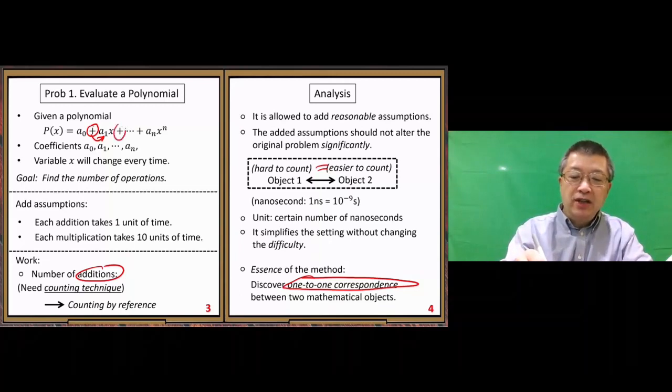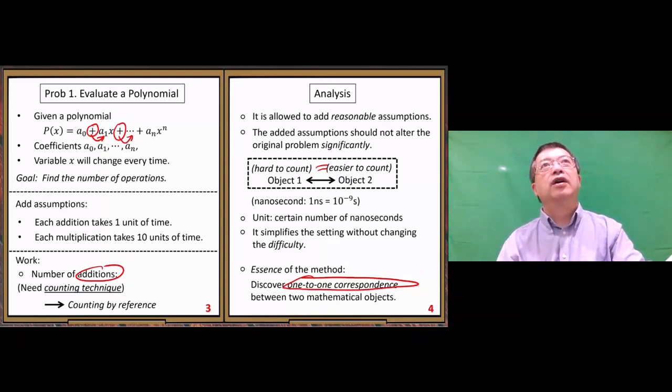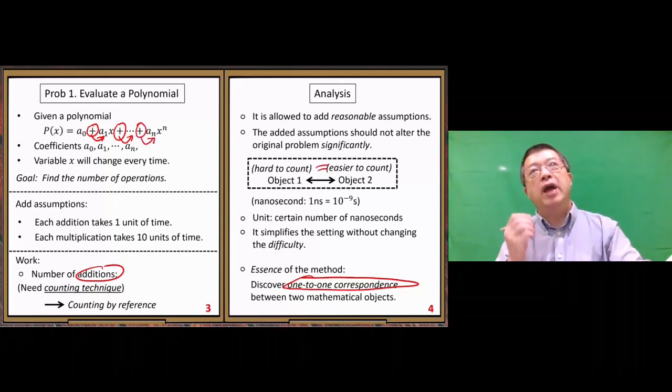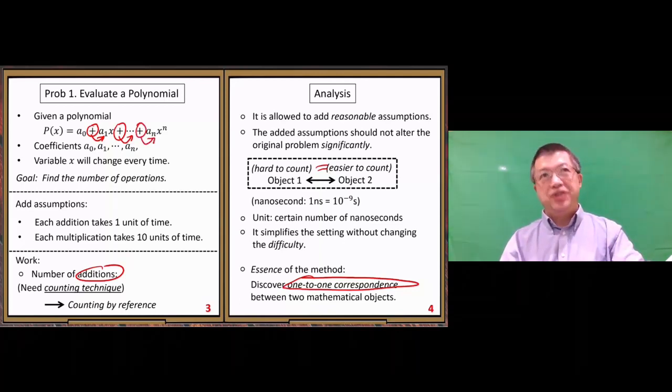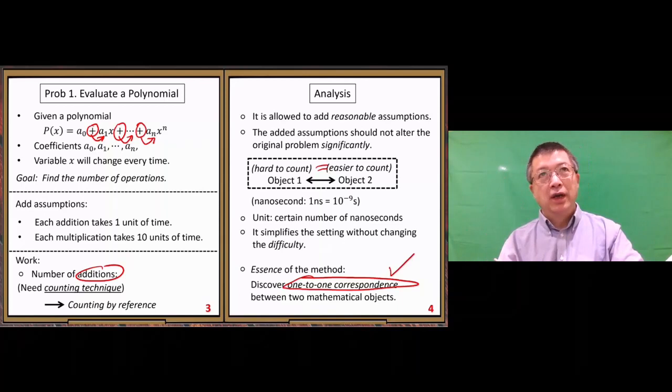Similarly, the second plus sign, I make it point to subscript 2 of the next term, and so on. The last plus sign corresponds to the last subscript n. Is that a one-to-one correspondence? Yes, that is exactly a one-to-one correspondence.